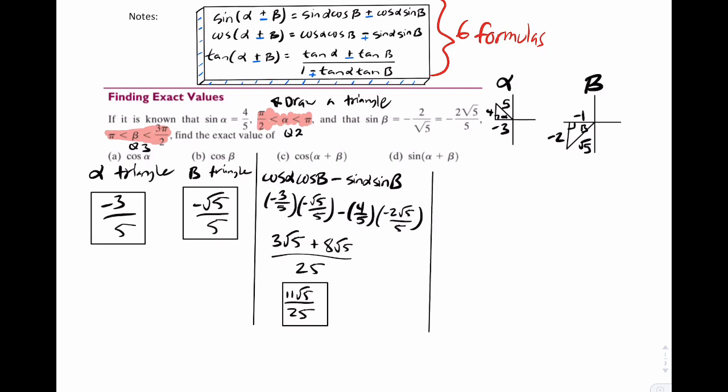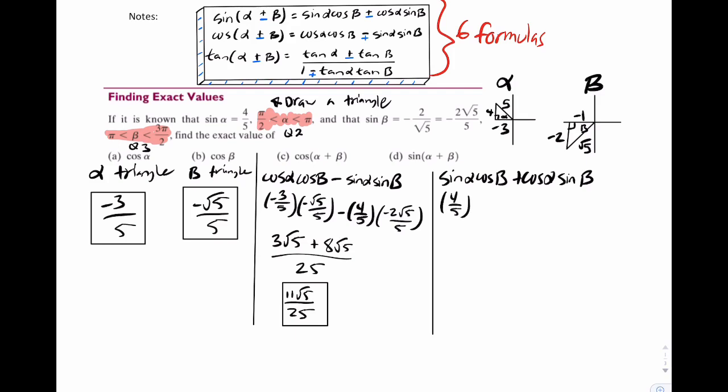Part D, same exact thing. Just recall the formula. Sine alpha plus beta, that is sine alpha cosine beta. It's sine, so the sign will stay the same, so plus, and then cosine alpha sine beta. Now let's figure it out. What is sine alpha? That is 4 over 5.